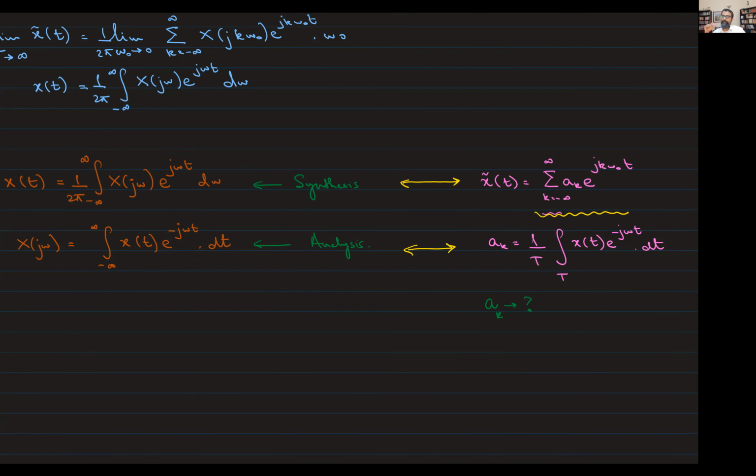If you were to explain this to somebody, to a freshman, let's say, how would you explain AK? The magnitude, or its strength, what does it represent? It tells its amplitude, the coefficient.